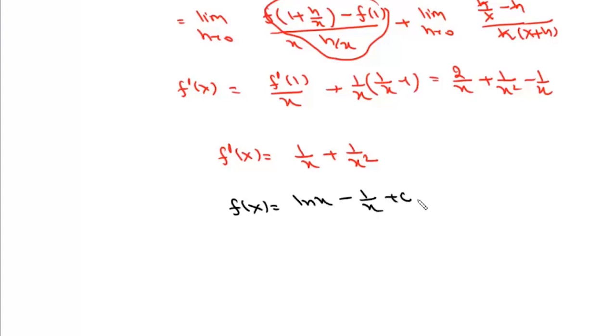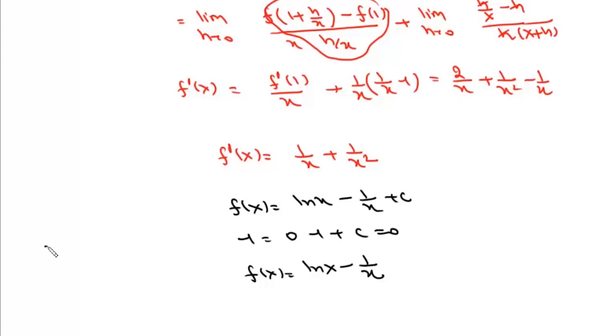Now f1 is minus 1. So if we put x as 1, this is minus 1, 0 minus 1 plus c, that means the value of c is 0. So in this case, our function f x is log x minus 1 by x.